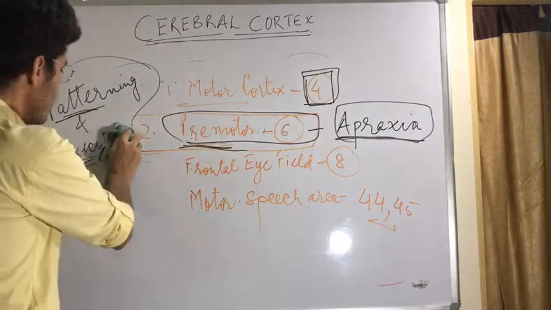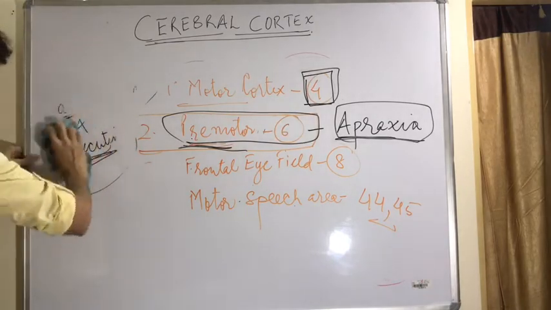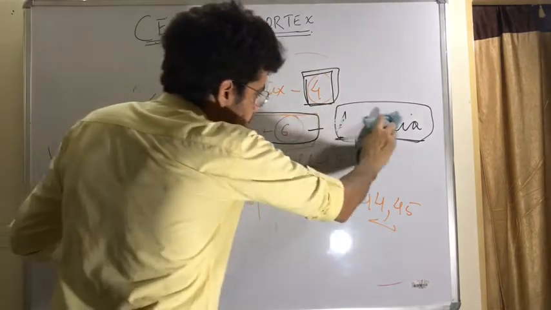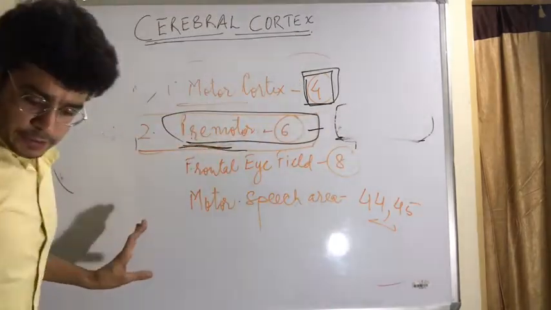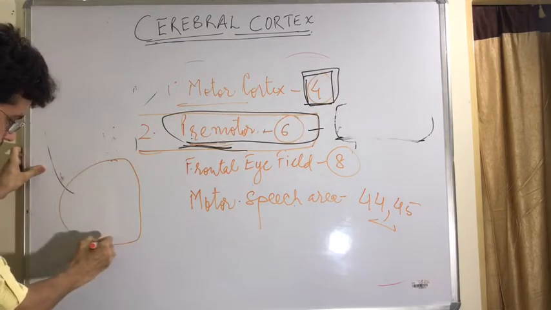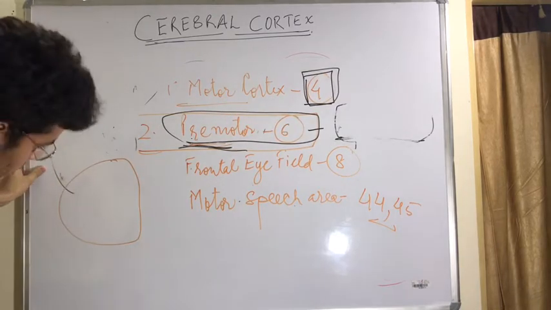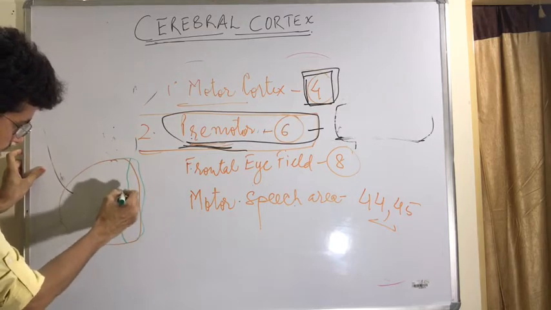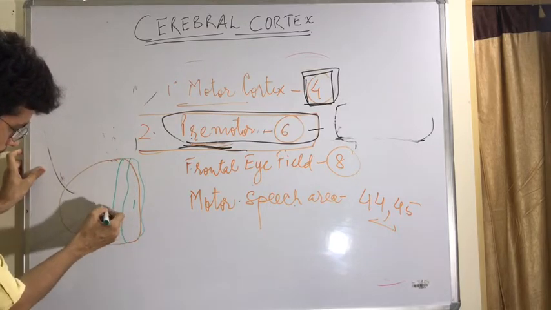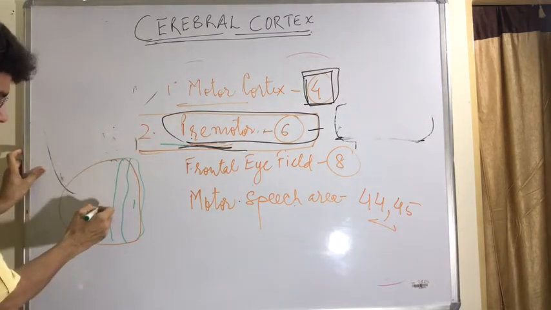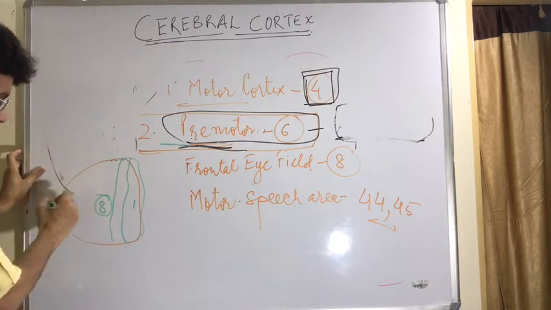Now coming to the third one, the frontal eye field. If I draw this diagram, this is the central sulcus, this is the primary motor cortex, this is the premotor area, and this frontal eye field is lying in front of the premotor itself, that is area number 8.